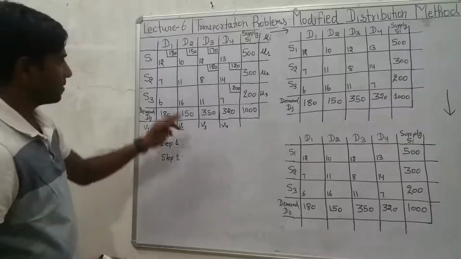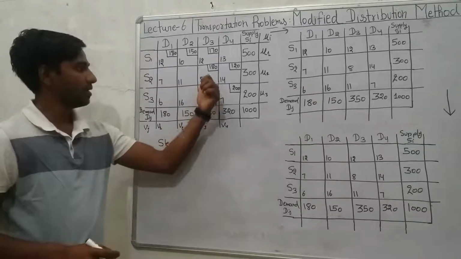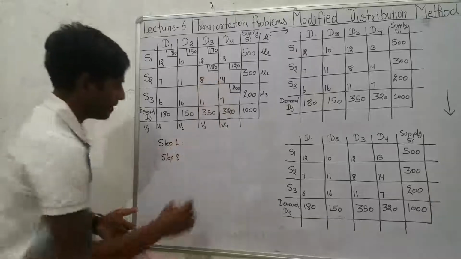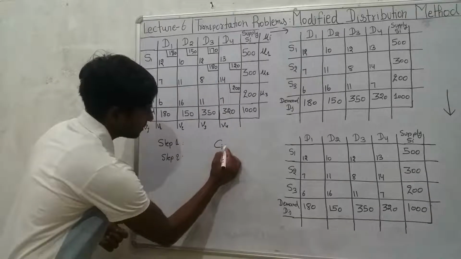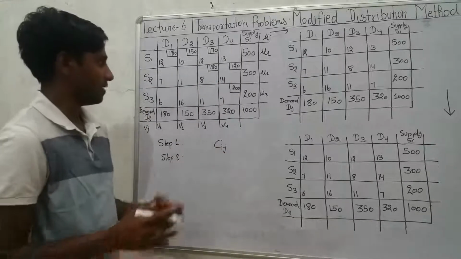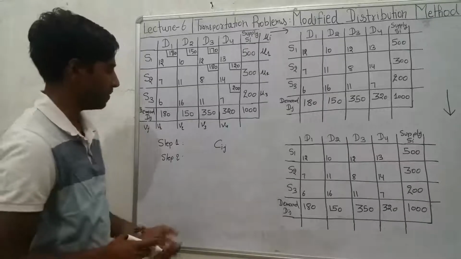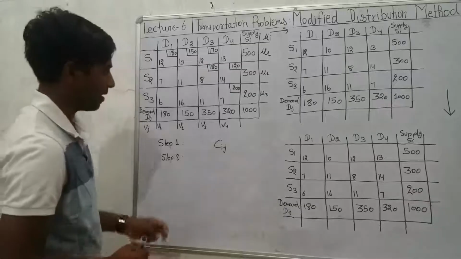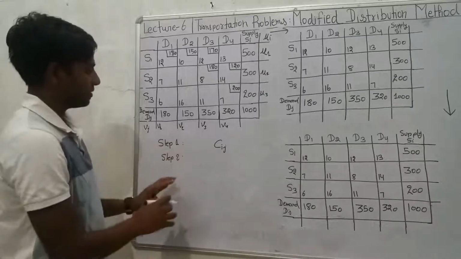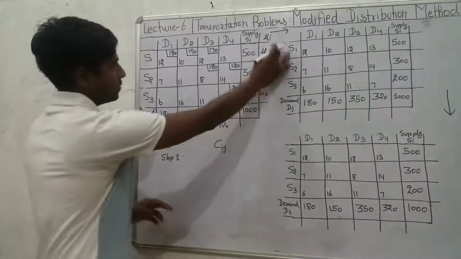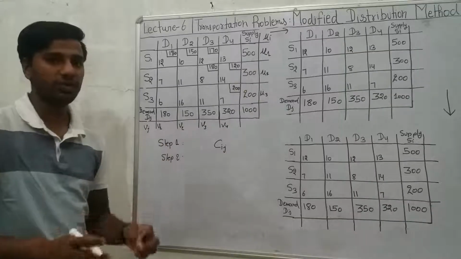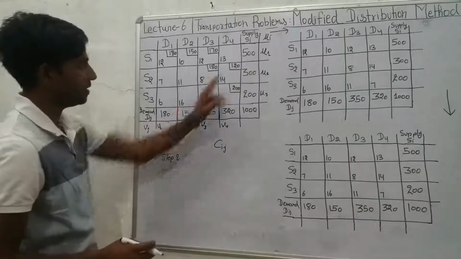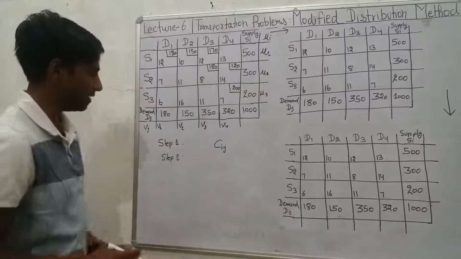As we know, in a typical transportation problem we represent per unit cost as Cij. So what is the relationship between Cij, Ui and Vj? We must be clear about this relationship.